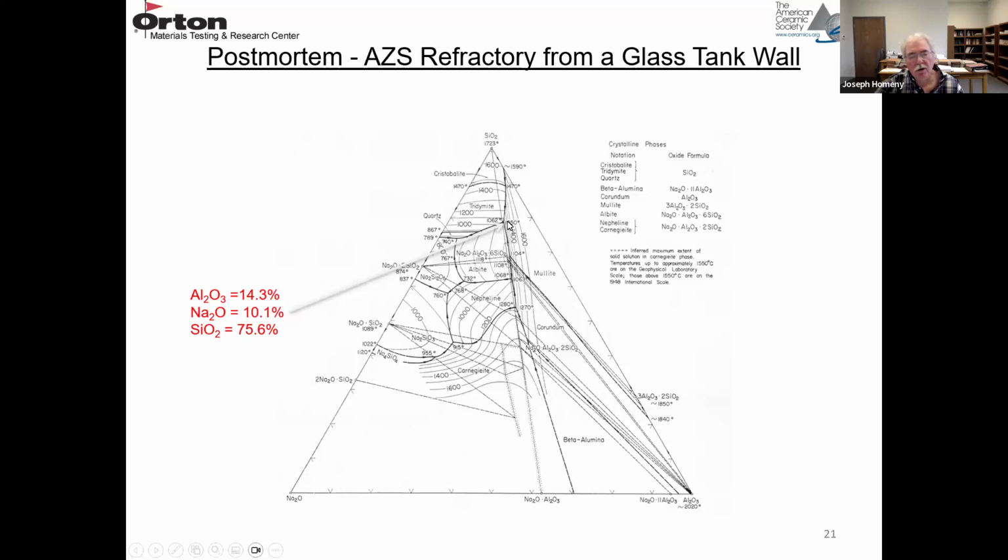You can look at the temperatures, they're all around 1,000. This one's around 700 degrees C. So if you're in this area of the phase diagram, you have a low melting material. And I think I mentioned when we talked about phase diagrams, there are thermodynamic programs you can buy. I think I had them emailed to everyone, that you can put in all the components and see what you expect as a result, see what the low melting phases are. But there is definitely some low melting glasses in this matrix of this material.